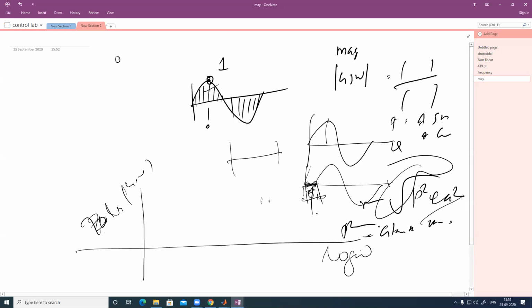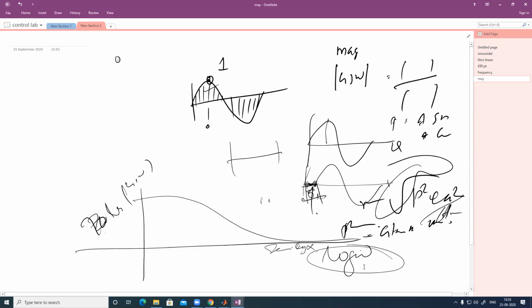You have to take the magnitude of output to magnitude of input, so the A square part comes there. You have to plot it on a semi-log graph, and then you will get the output plot.